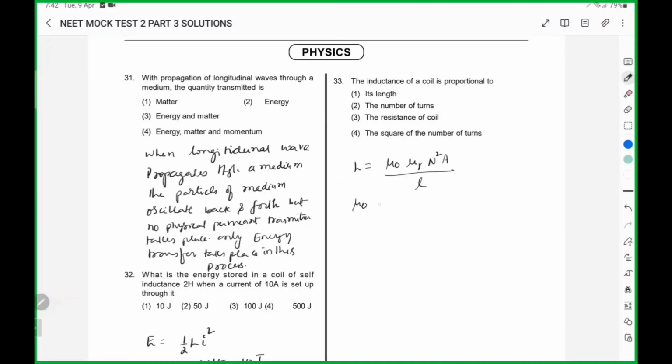So mu naught here is the magnetic permeability of free space. Mu R is relative permeability.